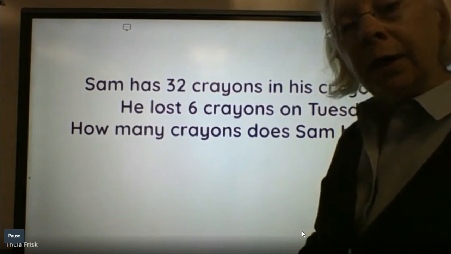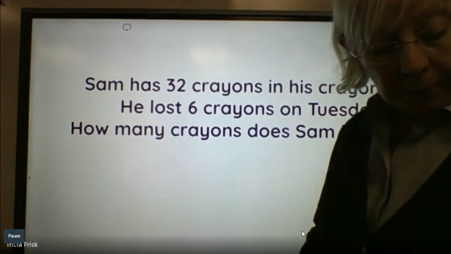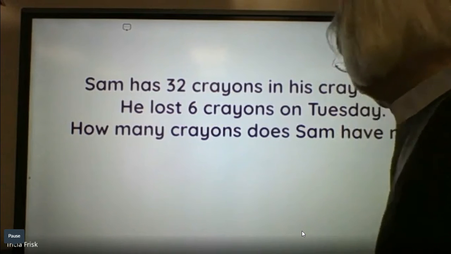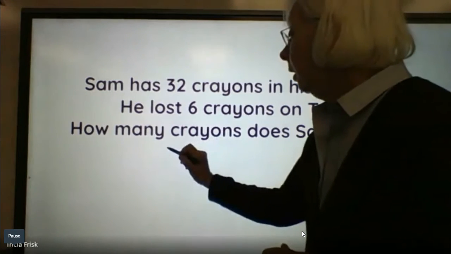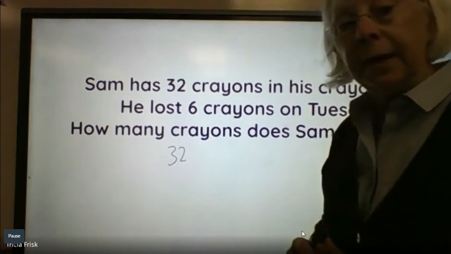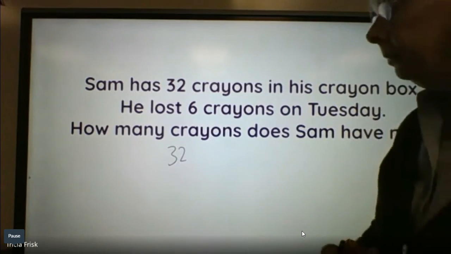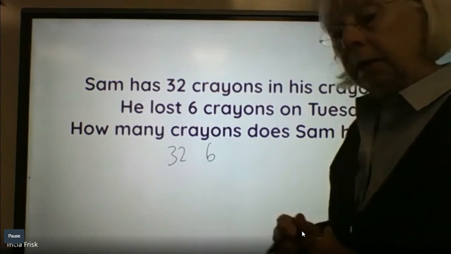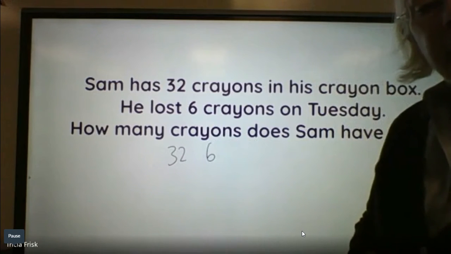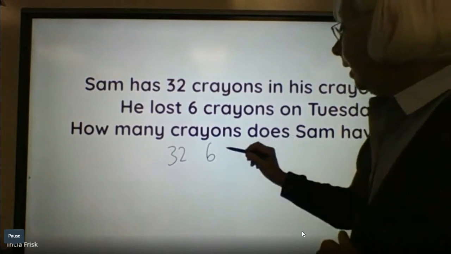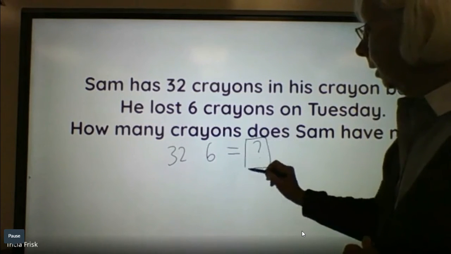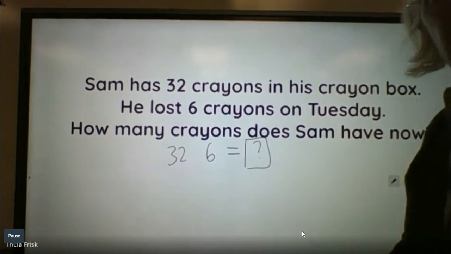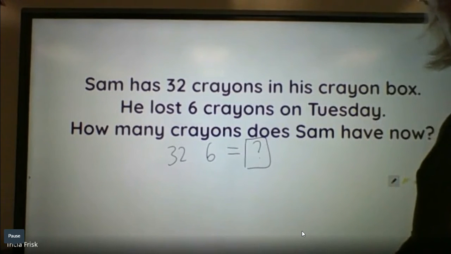So when we write our equation in order to solve the problem, we would write 32 to represent the crayons that Sam started with, minus 6 to represent the crayons Sam lost, equals question mark. So we want to find out how many crayons Sam has now.